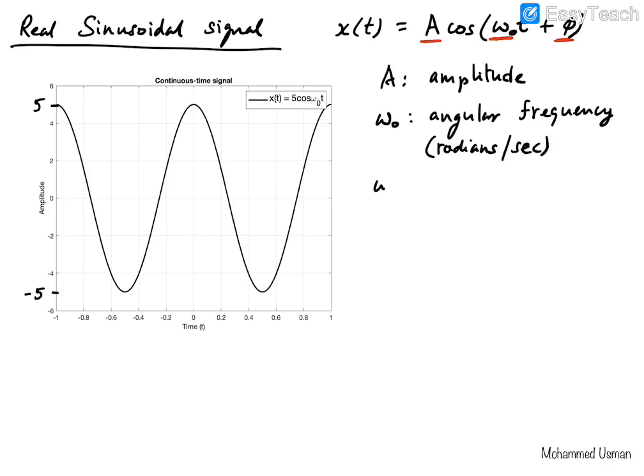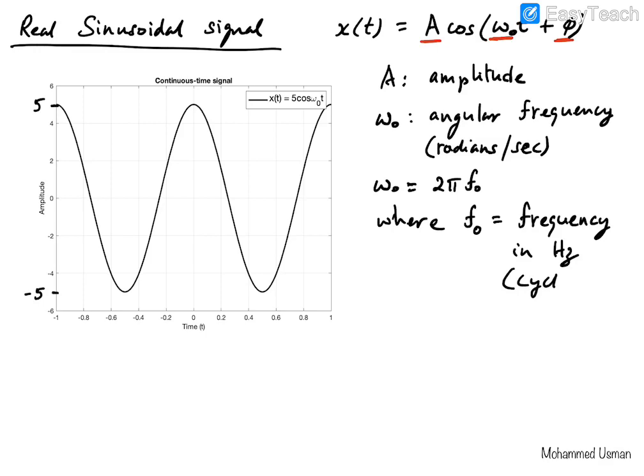Omega naught is defined as 2 pi f naught, where f naught is the frequency in hertz, or what we call cycles per second.